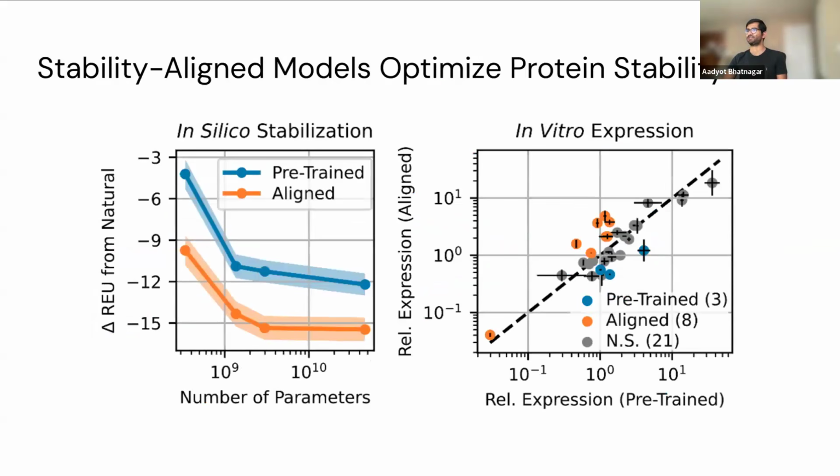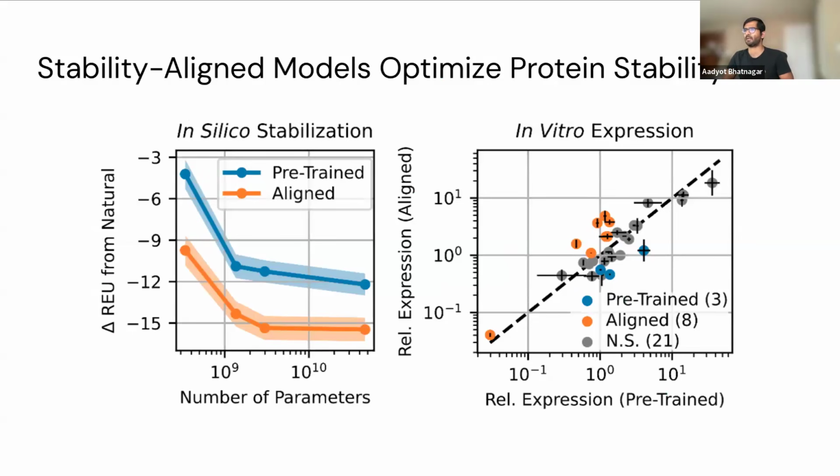And then, because these are generative models, we use them to optimize the protein stability of some of the proteins that we tested in that split GFP assay.